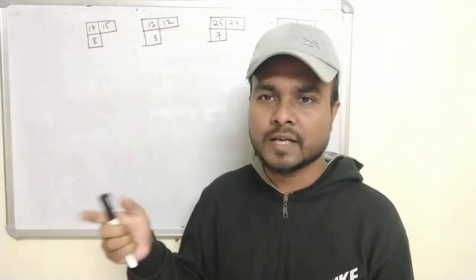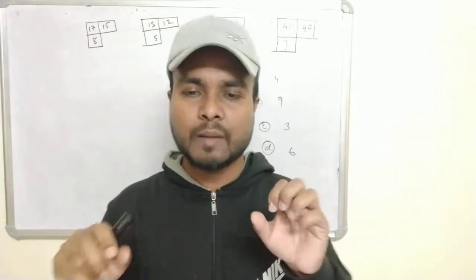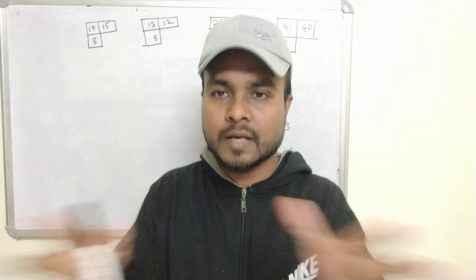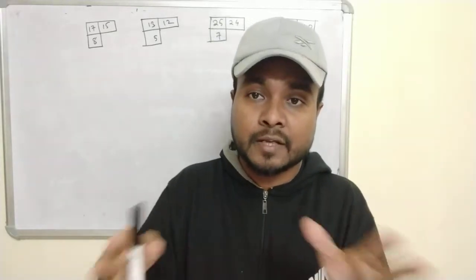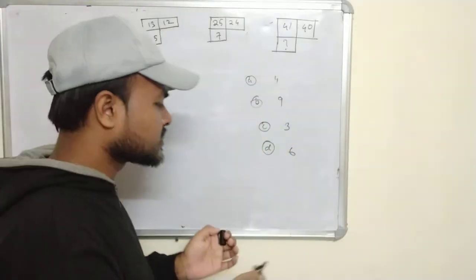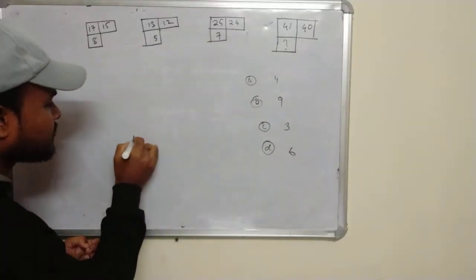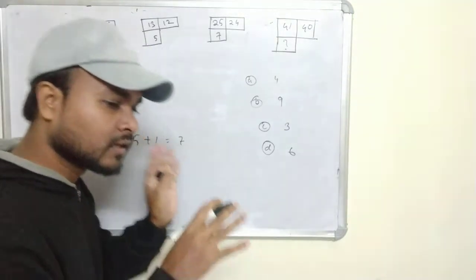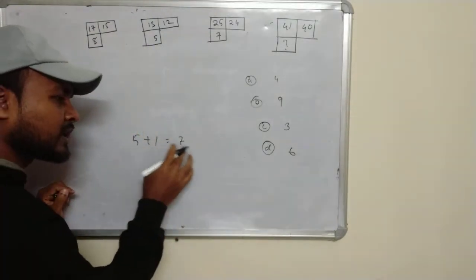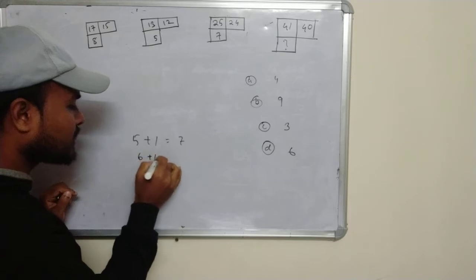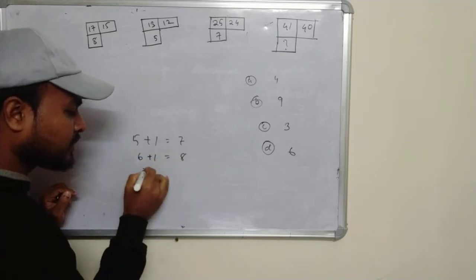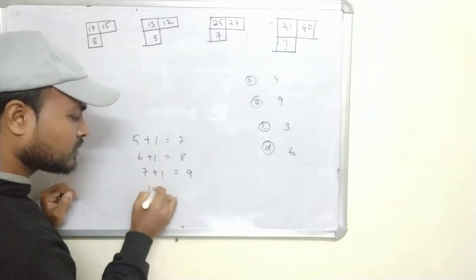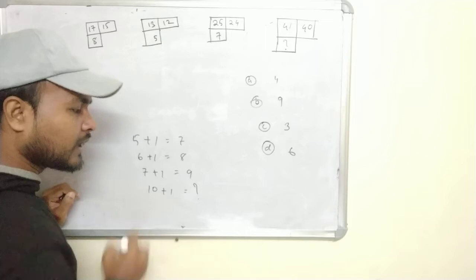Puzzling in general aptitude basically means that you have to put in the logic. It may not be the correct explanation, I mean it may not be the correct mathematics. So if I say 5 plus 1 is equal to 7, and 6 plus 1 is equal to, suppose, 8, then 7 plus 1 is equal to, suppose, 9, then what will 10 plus 1 be?